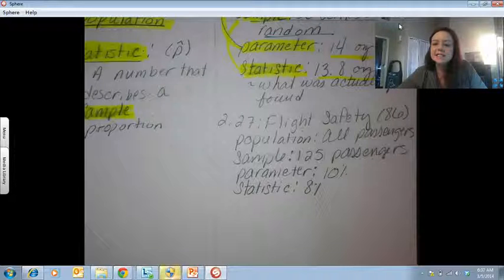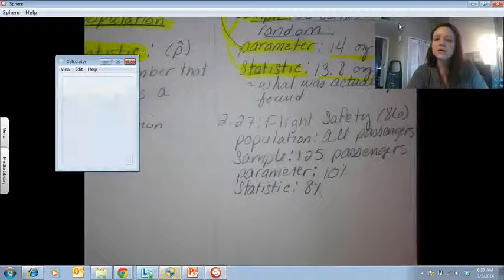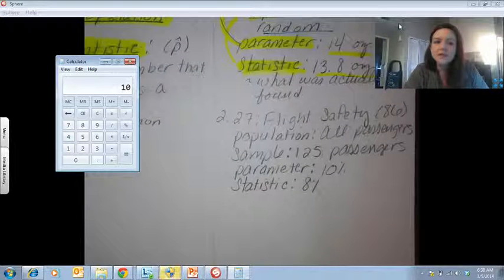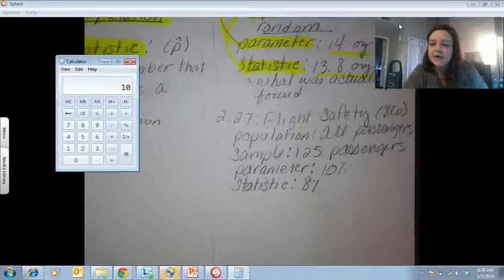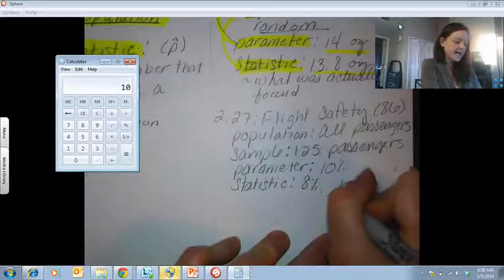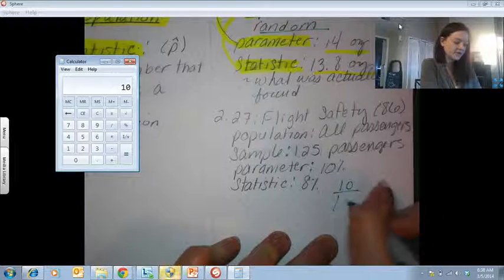The statistic is 8% because only 8% of those 125 passengers, or let's do the math, what is 8% of 125? 10. Only 10 out of 125, like we said, you can always write a statistic as a proportion. So the proportion would be 10 out of 125.